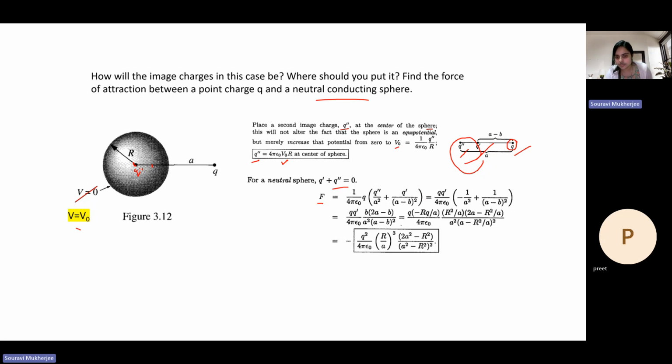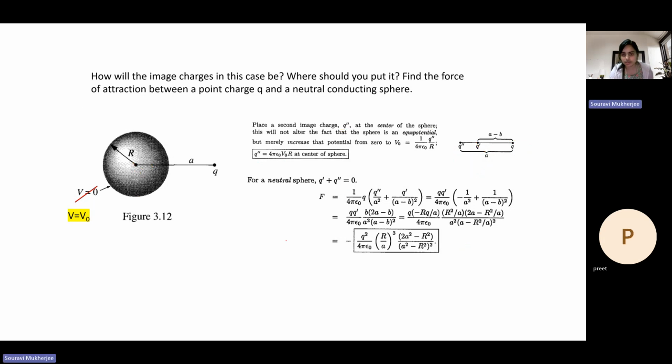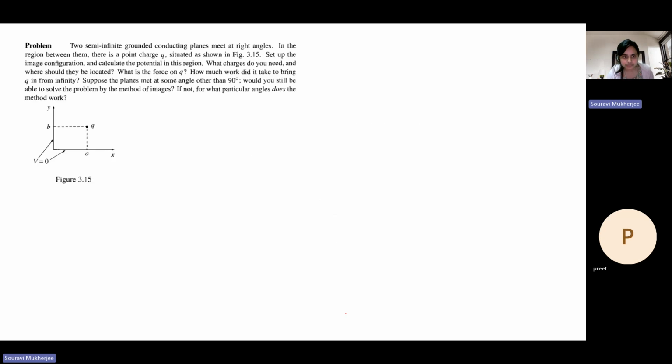So now you can just use this relation, and this is actually giving you what the point charge would experience from this neutral conducting sphere. So you are mimicking the potential given in the question to find potentials in a much simpler way. Okay, so that's the usefulness of this method of images.